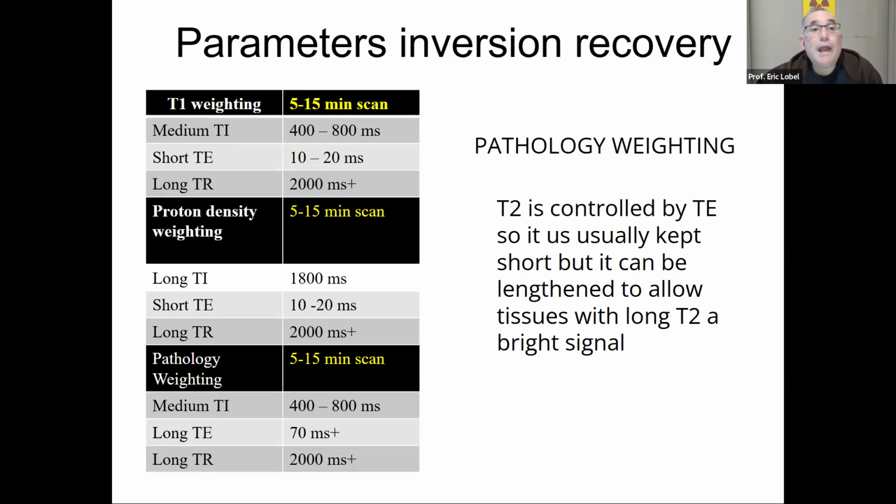So the parameters in inversion recovery are, keyword here, mostly the same, except for T1 weighting. So don't ask me why. T1 weighting for inversion recovery. The actual difference between medium TI and long TI is not that important, because again, you're going to be basing the actual inversion time on the tissue that you're trying to null, based on 0.69.